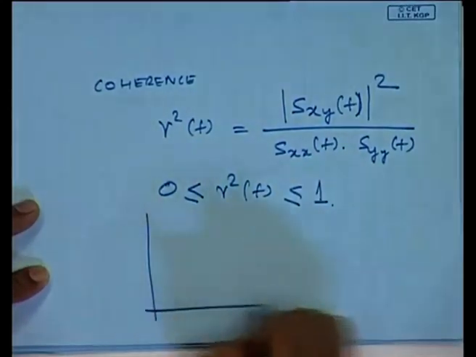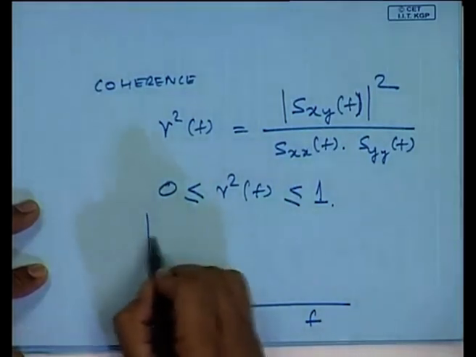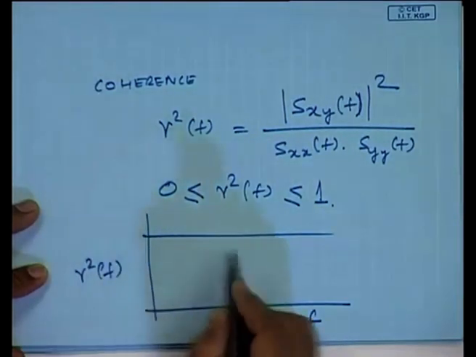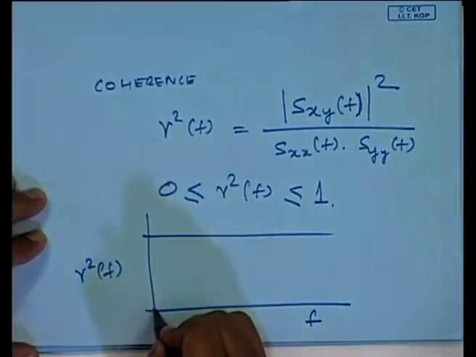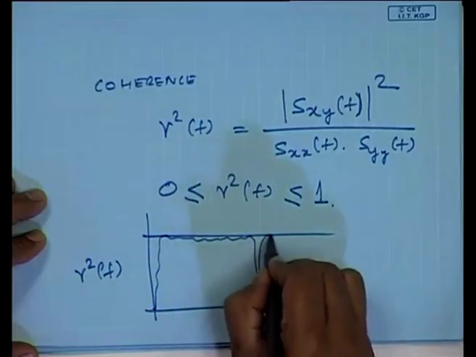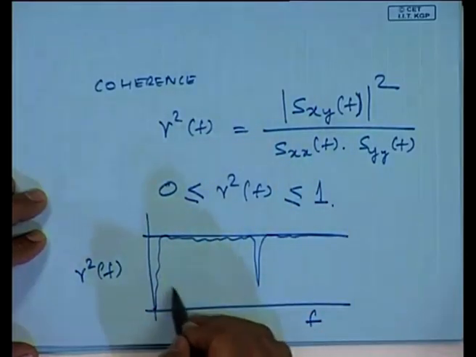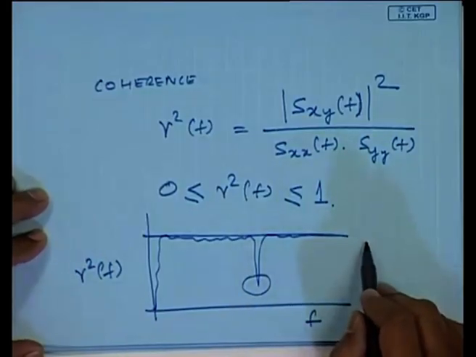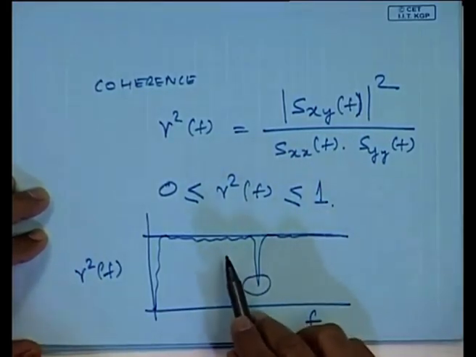If I plot the coherence as a function of frequency, if it is like this, I can say that at some frequencies the output is not because of the input.